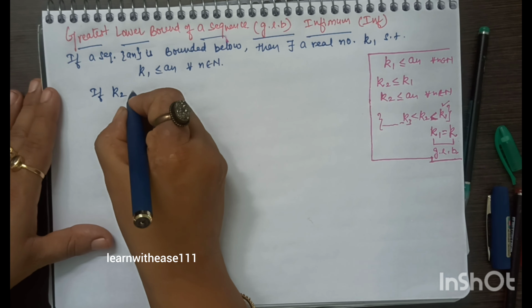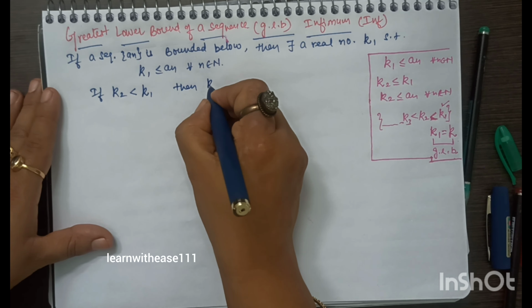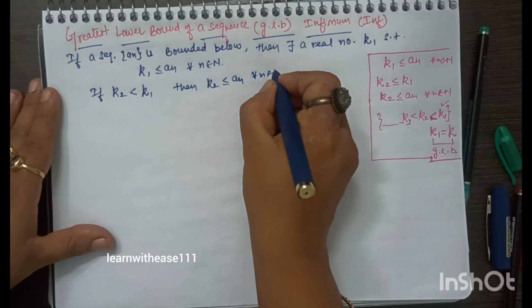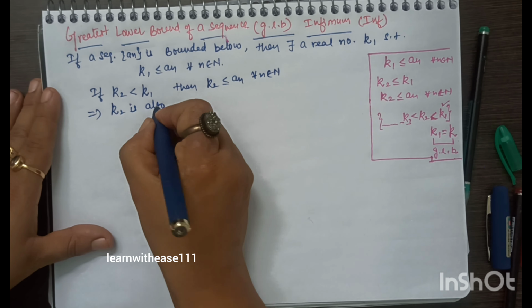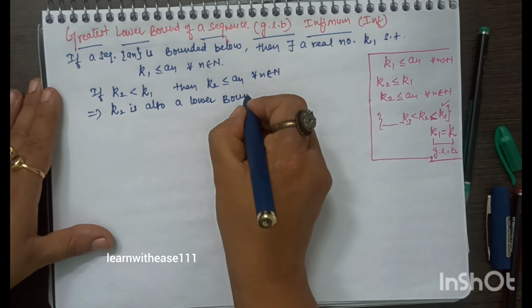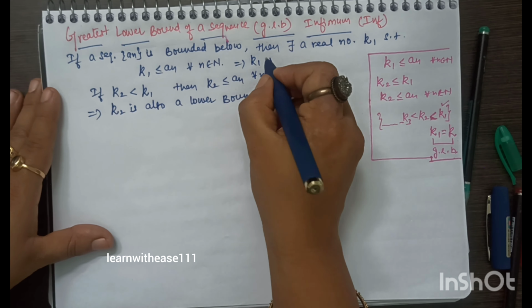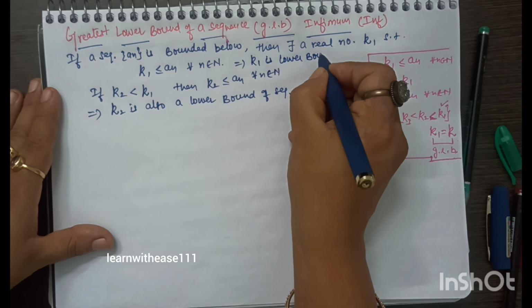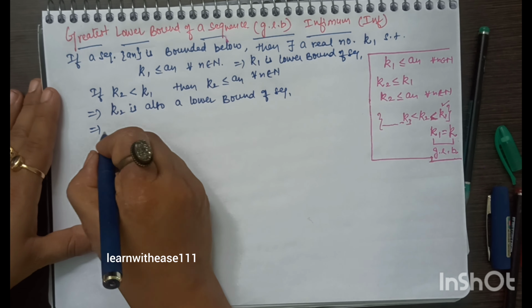So in words we say, if k2 is a lesser number than k1, and since all the terms were greater than k1, all the terms of the sequence will also be greater than k2. So k2 is also serving as a lower bound of this sequence, for which k1 was working before. Now k2 is working.